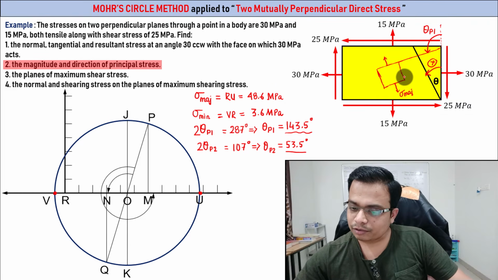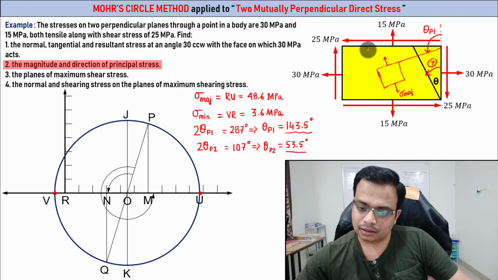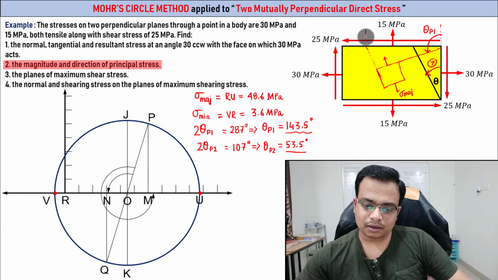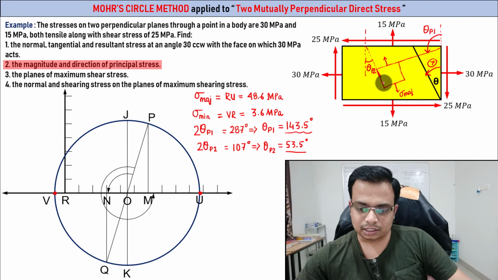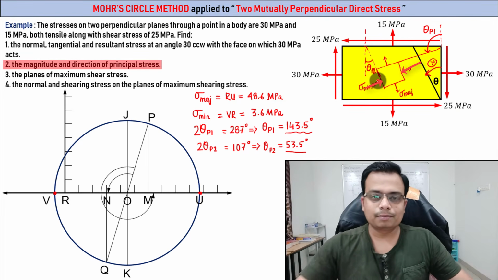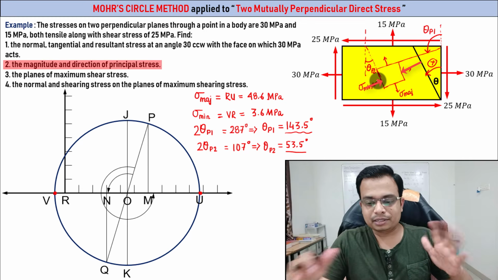Secondly, let me just extend this. With respect to the vertical, this was one plane and this is another plane. This was also with respect to the vertical. This angle over here is theta P2 and this is the plane in which minor principal stress is acting, and this is going to be sigma minor. So this is exactly how you can represent this.